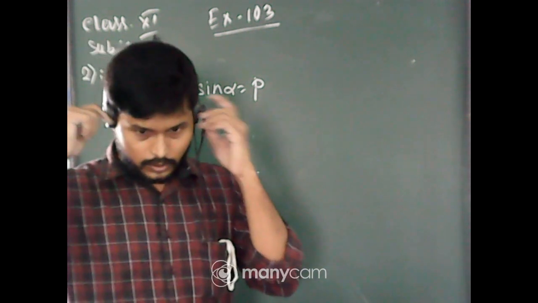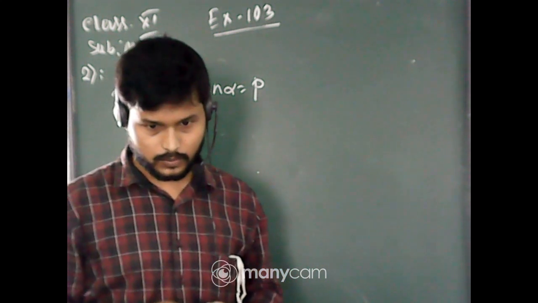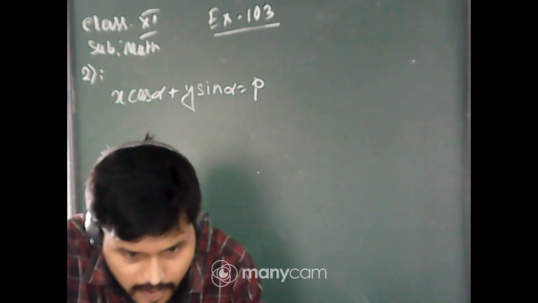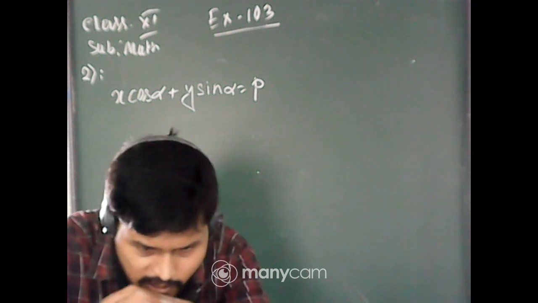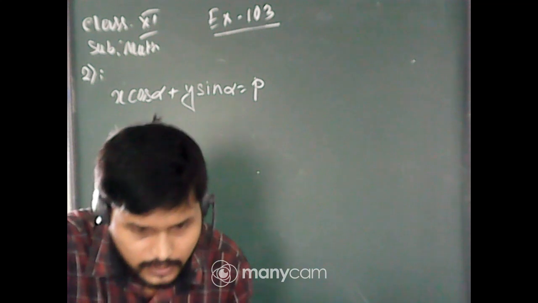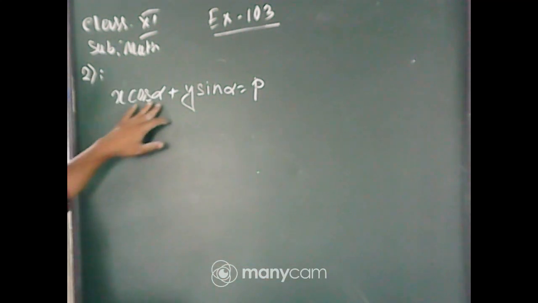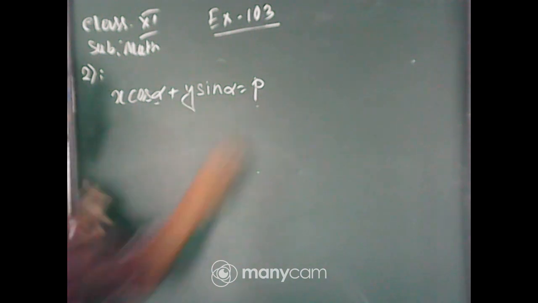This is the normal form of a straight line, and here alpha and p have meaning.